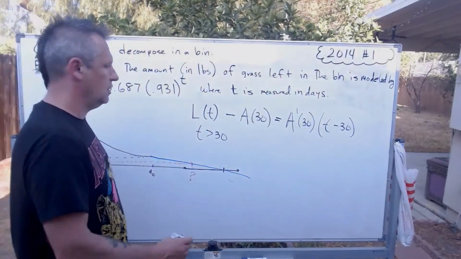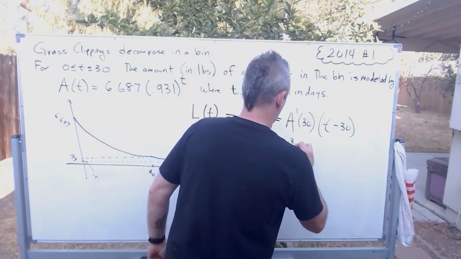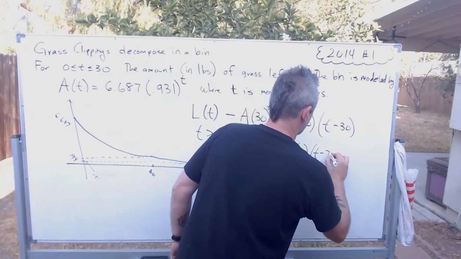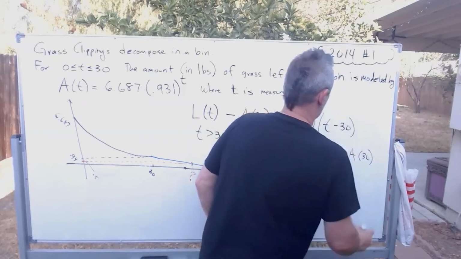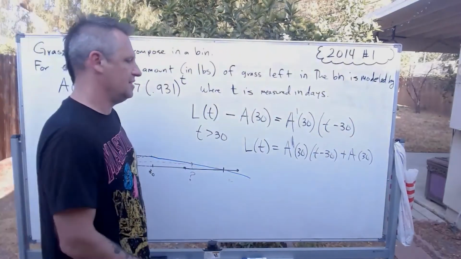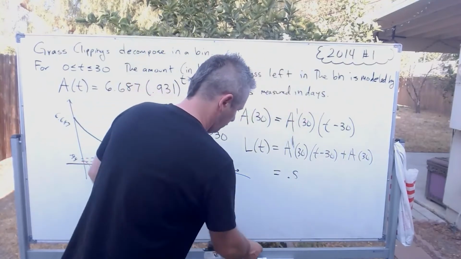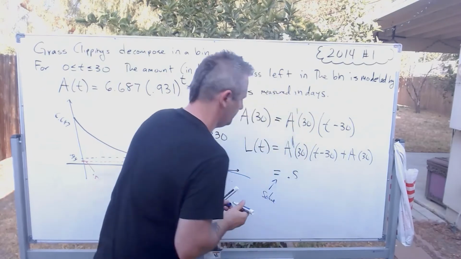So in other words, L of t equals A prime of 30 times t minus 30 plus A of 30. And we simply need to set this equal to 0.5 and solve for when these two things are equal.